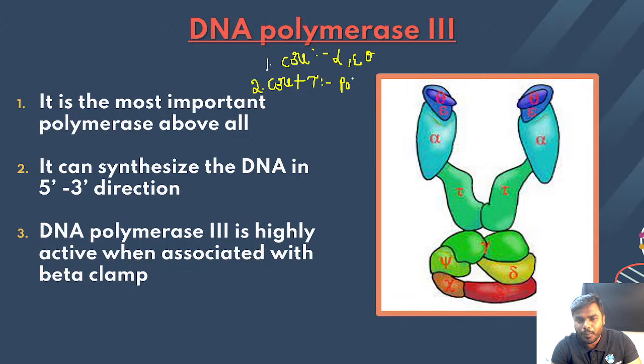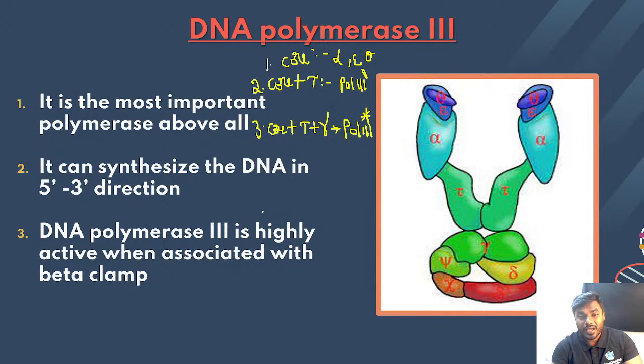You can call it polymerase 3 prime. Now the next one, when core enzyme plus tau dimer plus gamma complex, then you know what you call it, friends? Polymerase 3 star.